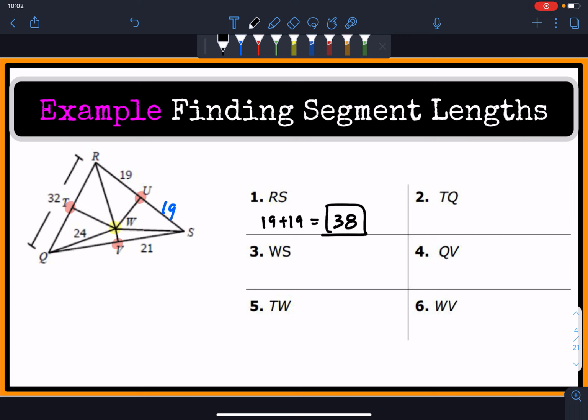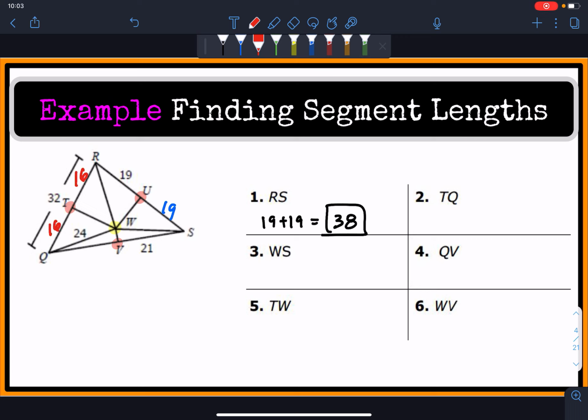On number 2, we want to figure out the distance from T to Q. Let's find T right here. T to Q is half of the distance from R to S. The total distance from point R to point S is 32. And since T is in the middle, dividing 32 by 2 is going to give us the lengths of these two segments, which are 16 and 16.